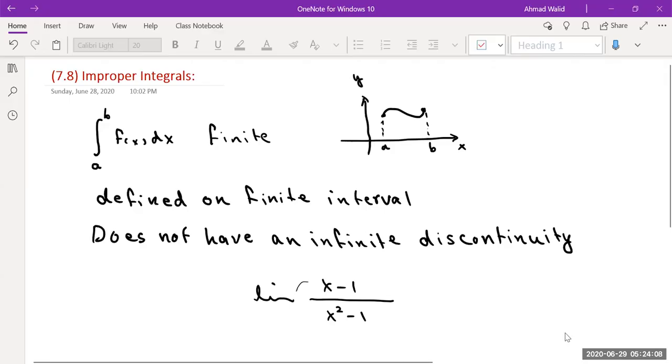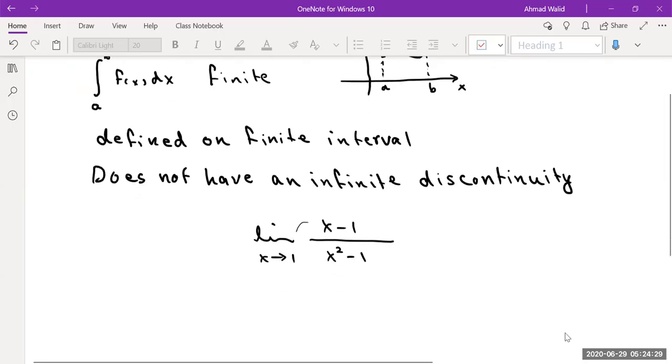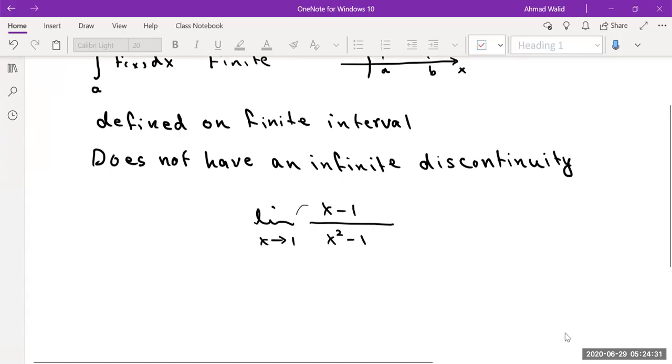For example, if you have a limit as x approaches 1, if you plug in 1, your denominator becomes 0, but you can factor and remove it, so it has a hole. But sometimes you cannot remove that. That will be a vertical asymptote, or we call it infinite discontinuity, correct?